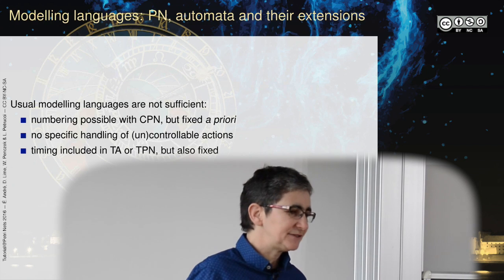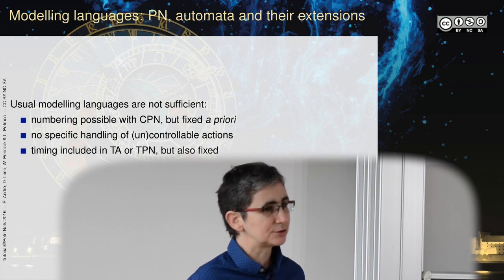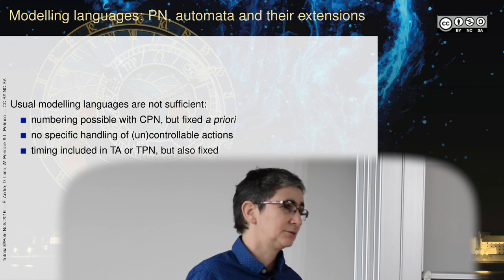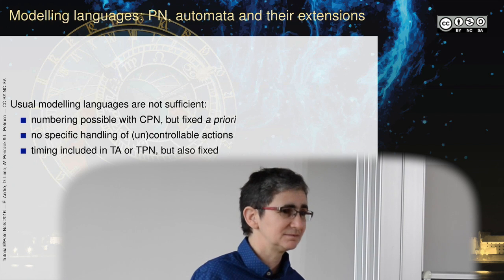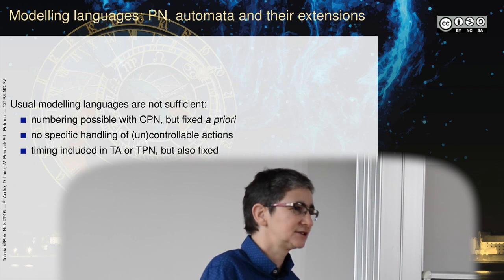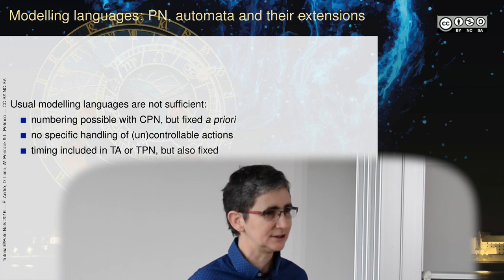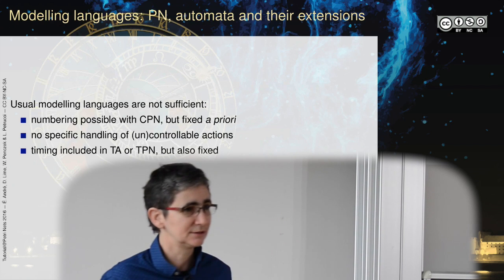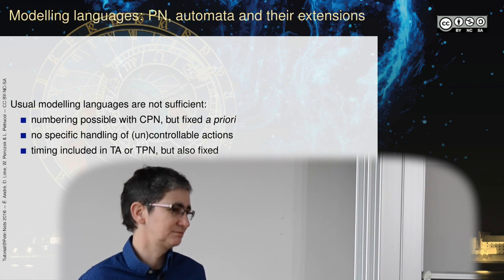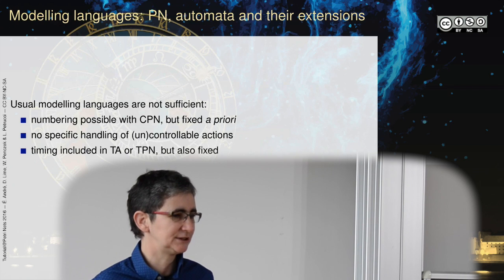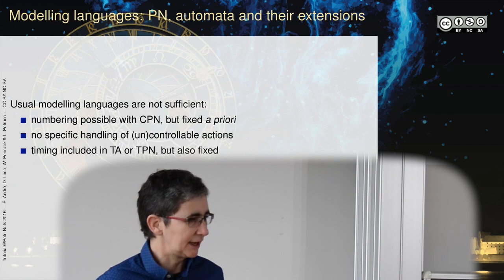There is no specific handling of uncontrollable actions, so you can say, well, I have many actions, but handling that these actions can be controlled and the other ones cannot be controlled is, in general, not embedded in the formalisms.